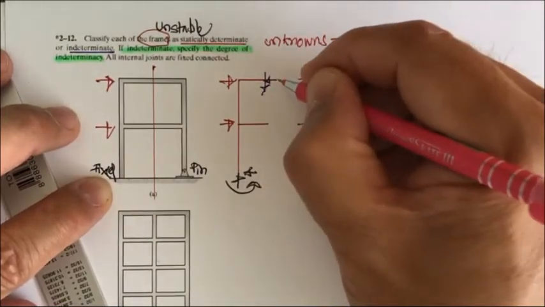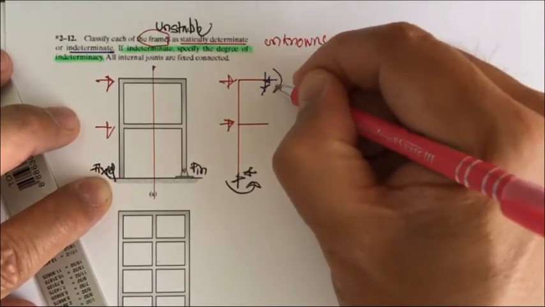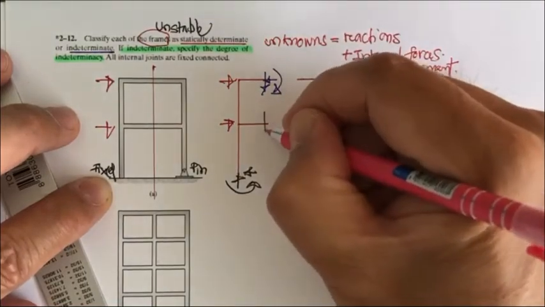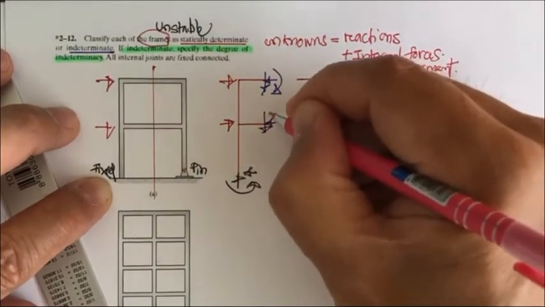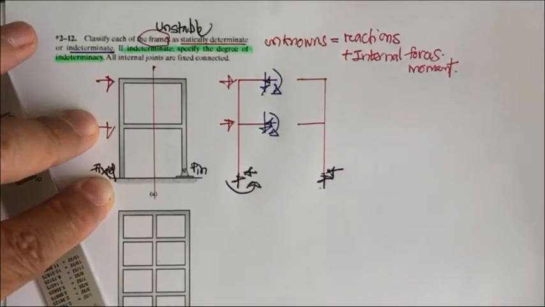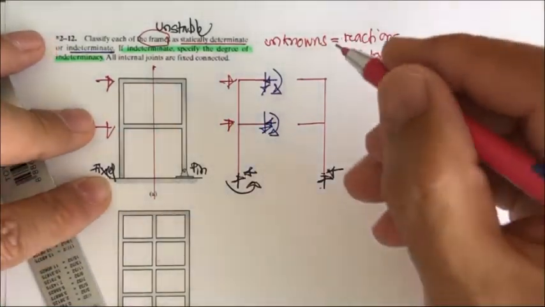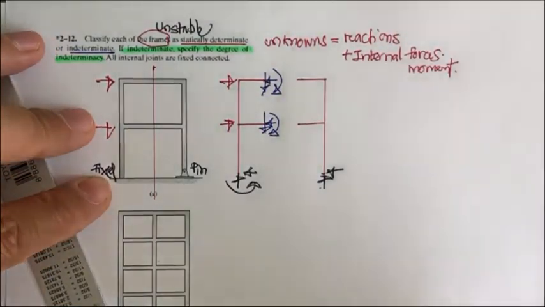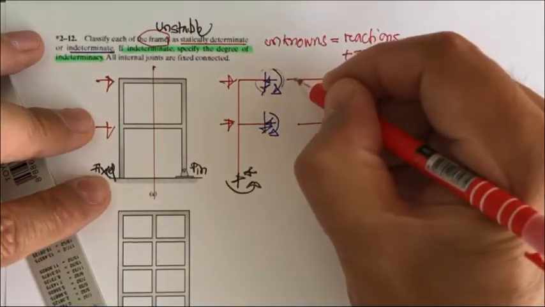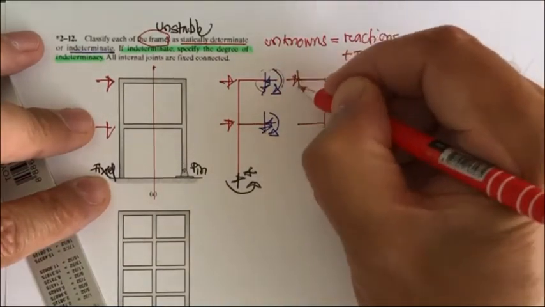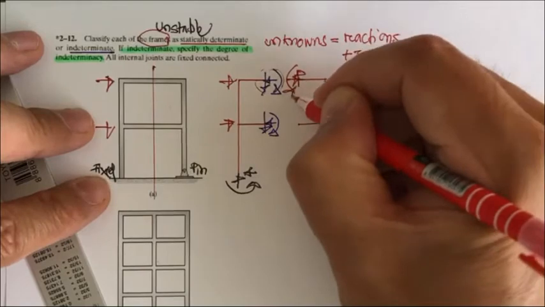each section of the beam you cut will have three more unknowns, and due to Newton's third law, these three unknown forces are equal but in the opposite direction.